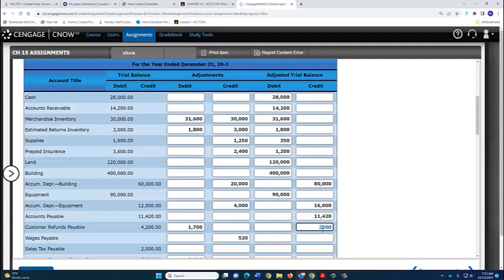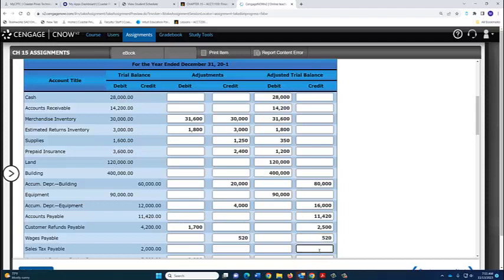We've already brought over our customer refunds payable balance. We had a credit of 4,200 and a debit of 1,700, which, if we subtract the two, we get a difference of 2,500, which should stay on the credit side. Wages payable was entered, so we'll bring it over as a credit.